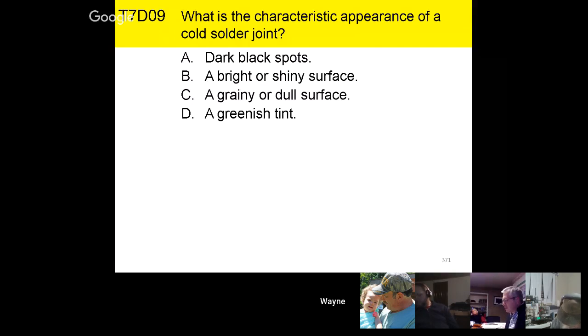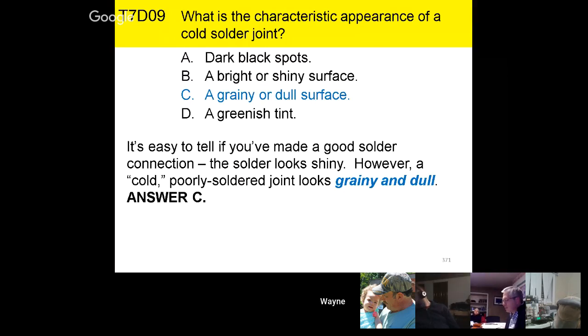It's going to have a very grainy and dull surface, not very shiny. You want your solder joints to be nice, bright, and shiny. But a grainy, dull look indicates that it's poorly soldered, and it's called a cold solder joint.